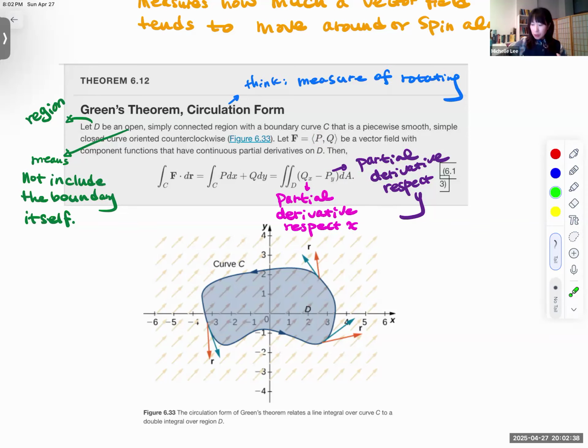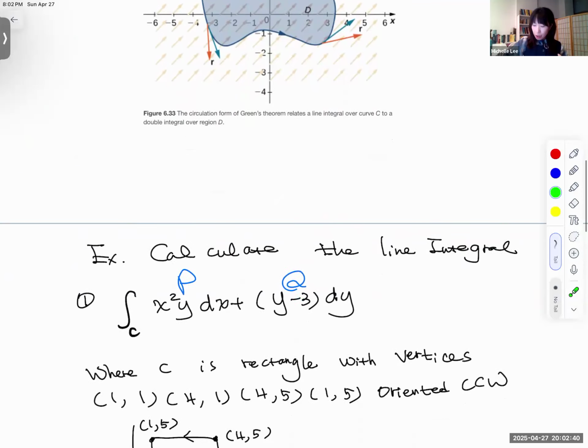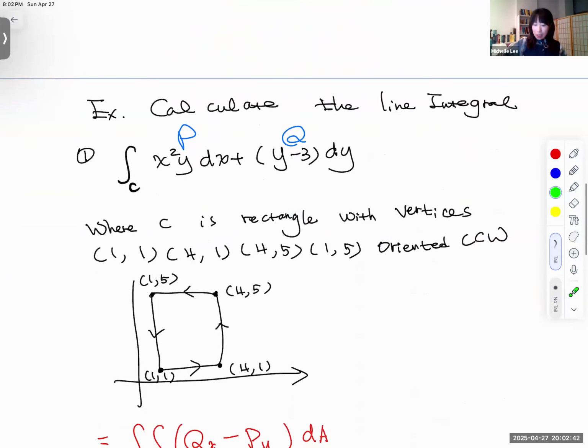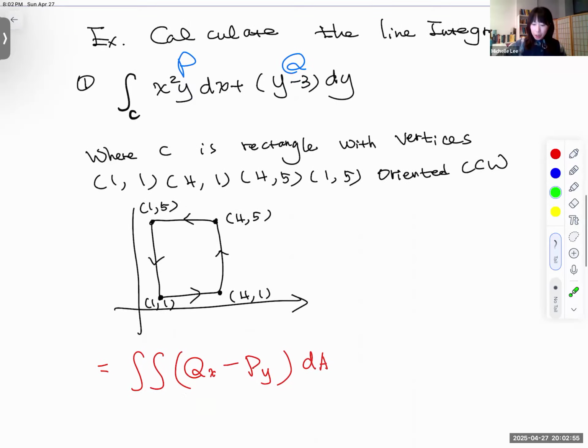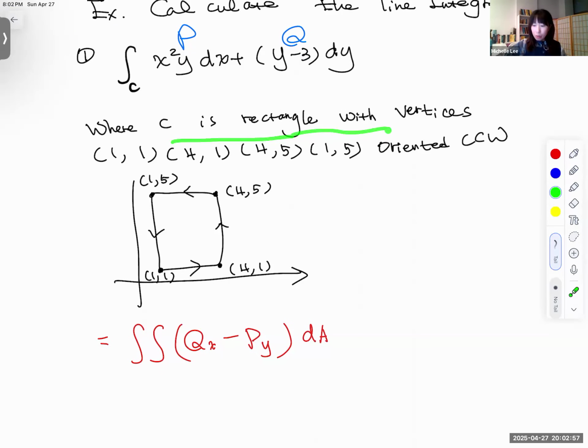Okay, so let's do this example. We want to calculate the given line integral. This is hard, right? So we apply Green's theorem, where C is a rectangle with vertices (1,1), (4,1), (4,5), (1,5).